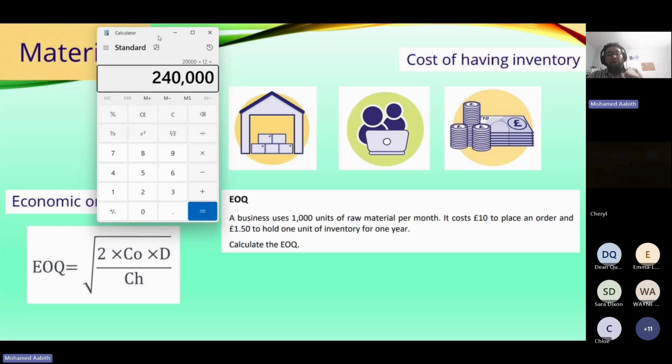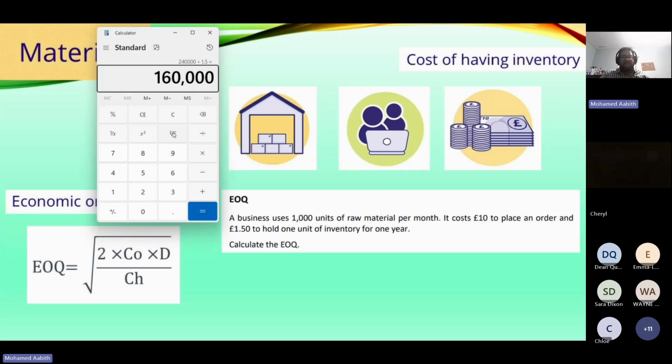The numerator is going to be 240,000. They're also saying it costs them £1.50 per unit to hold in my inventory, so I'm going to divide by £1.50. I'm getting 160,000.